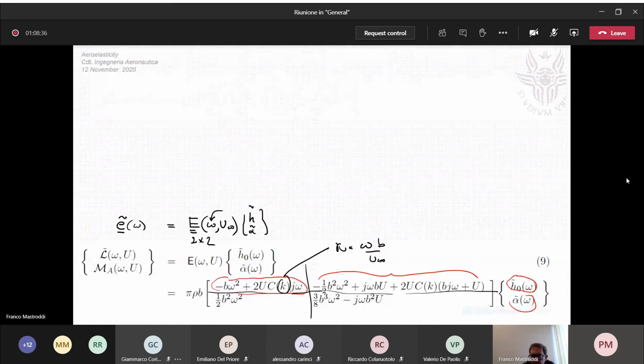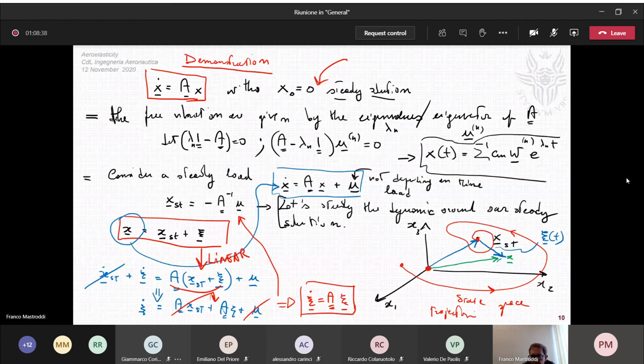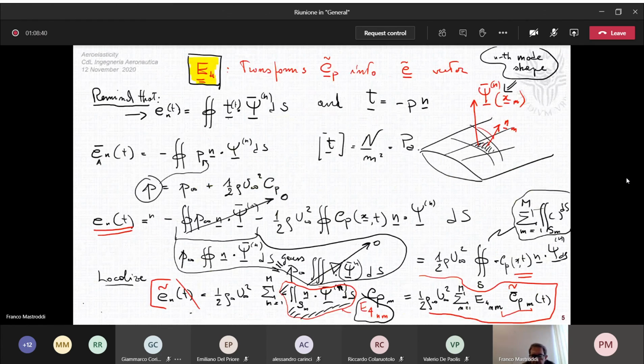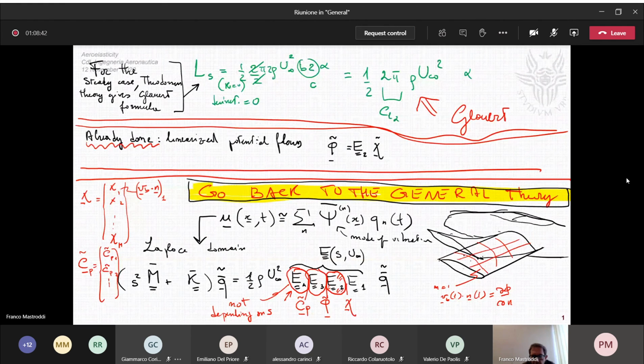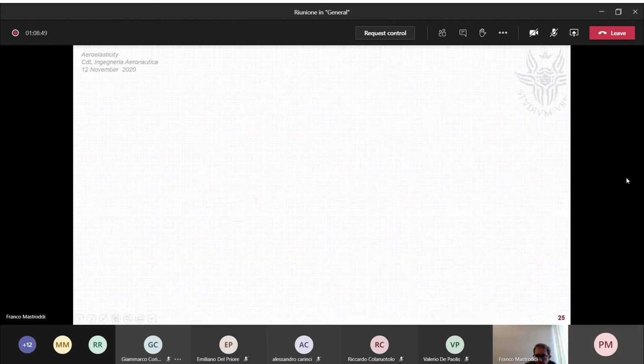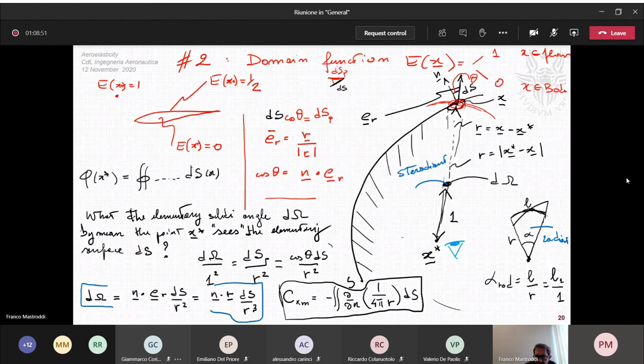I don't know if I have the old figure. Maybe yes, we have it here. No, I don't have it. However, it's very easy to recap this point.